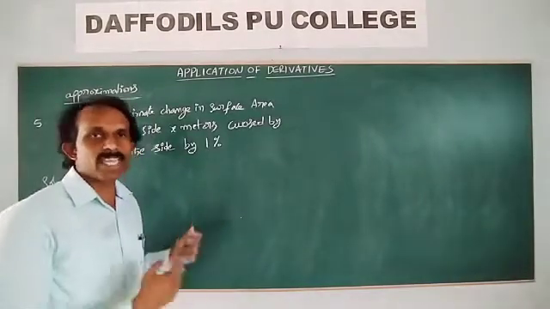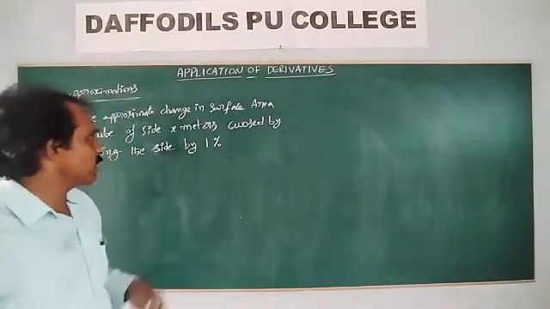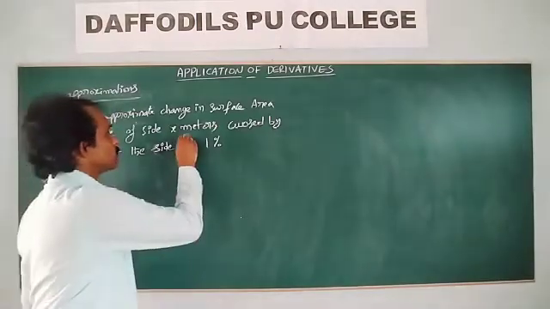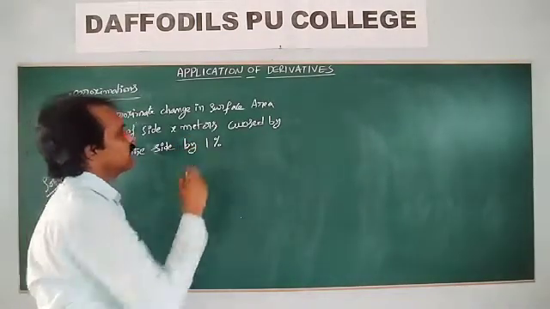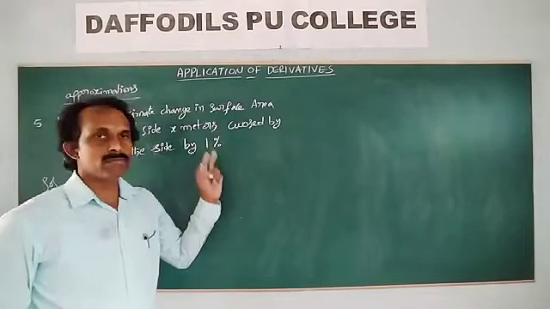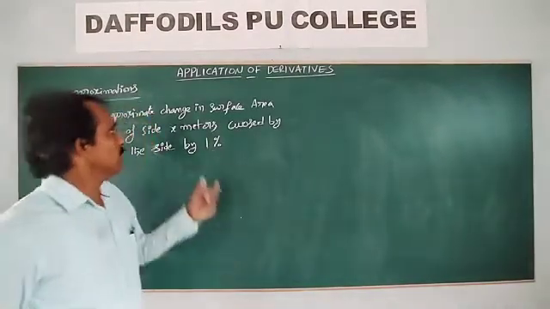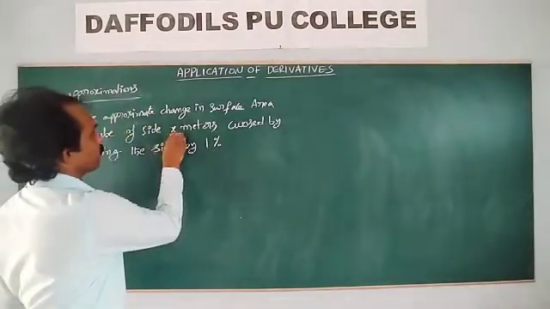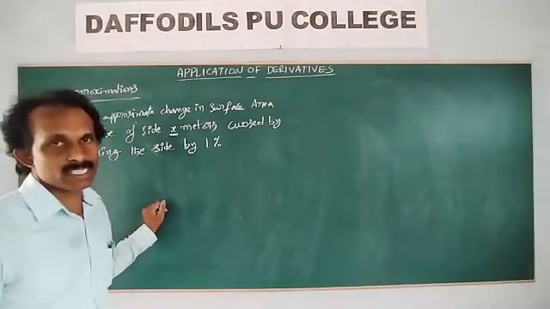Decreasing is a negative value, so the change in side is negative, 1% of x meters decrease.